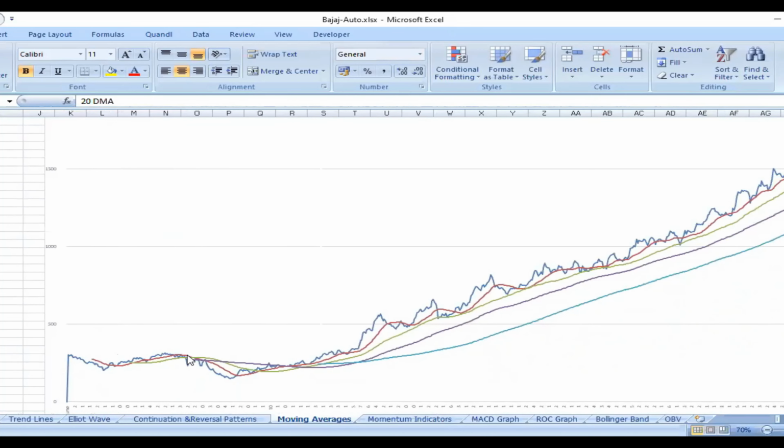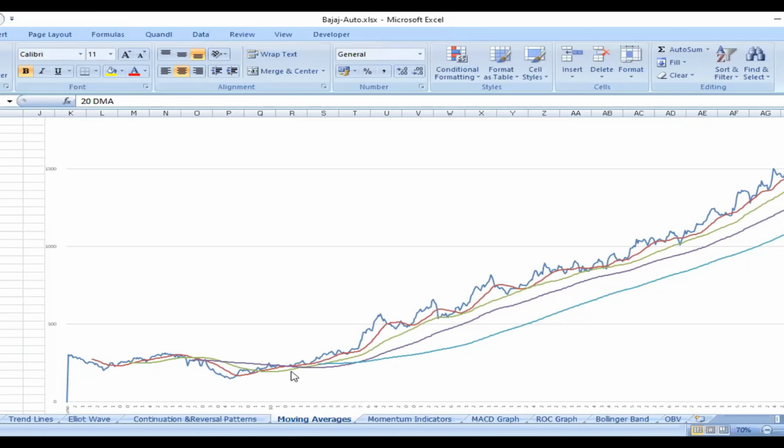This is the price of the stock, this blue line, and this is much more shaky, right, than the others. And then this red line is a 20-day moving average. Then there is a 50-day, 100-day, and 200-day moving average, right? These moving averages usually will intersect each other and also intersect the actual price of the stock. Now, this can be used as an indicator to buy or sell, and we have used it in our technical analysis in IntelliInvest.